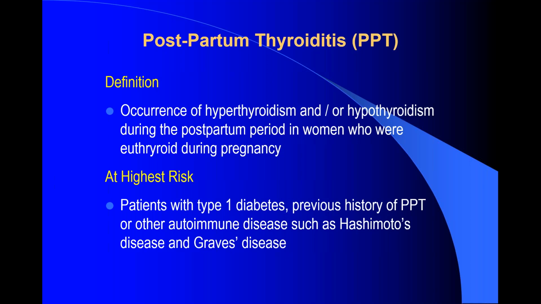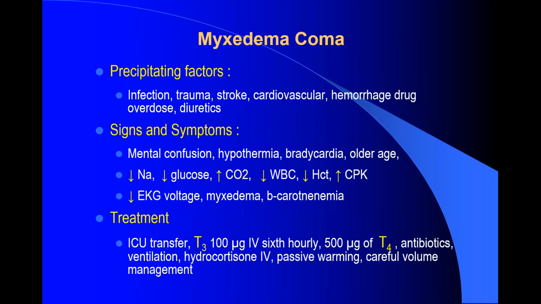Type 1 diabetes patients, or those with a history of postpartum thyroiditis or other autoimmune disease, because autoimmune diseases are never alone in the body. If there is one disease, you have to look for other diseases also, because an autoimmune process is going on there, and it will affect different organs, giving rise to different diseases. So if anywhere there is one autoimmune disease present, you will look for other diseases.